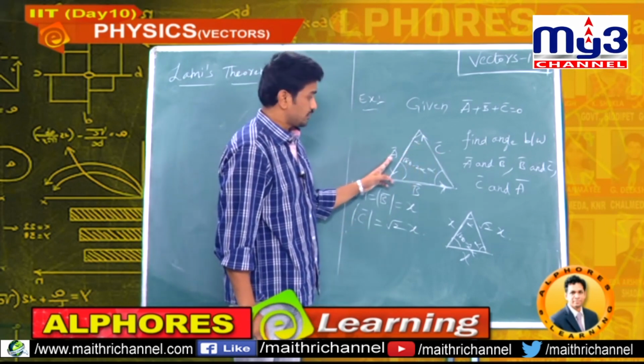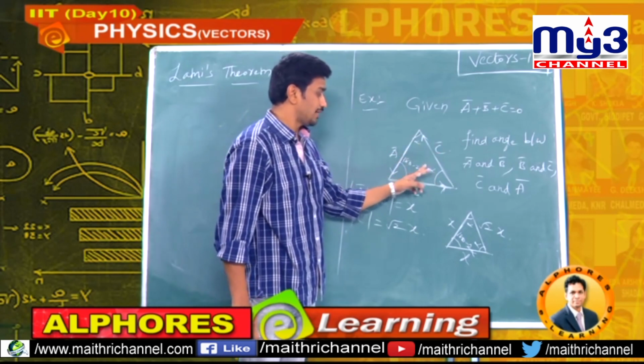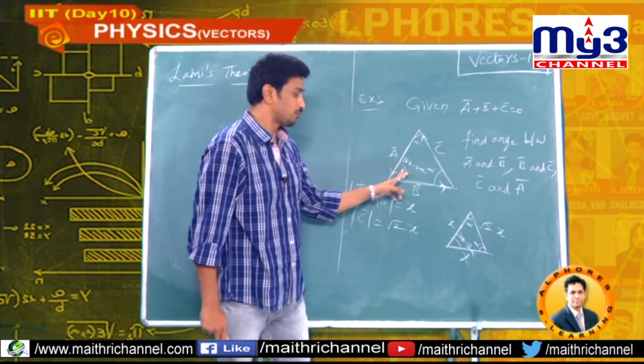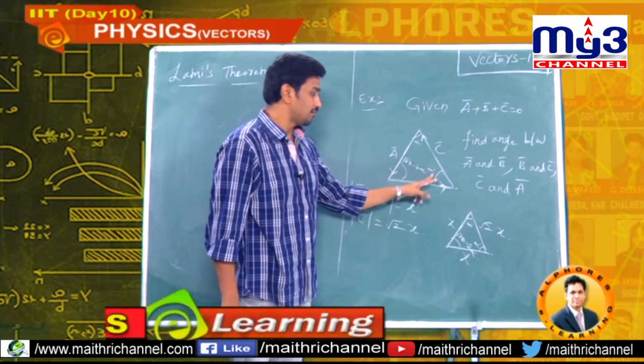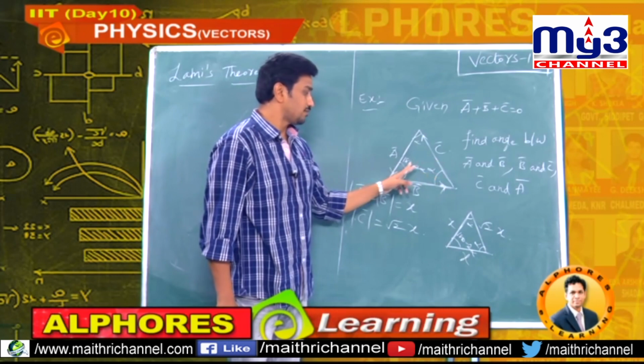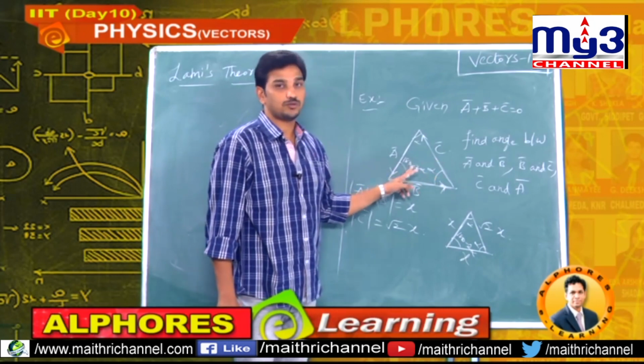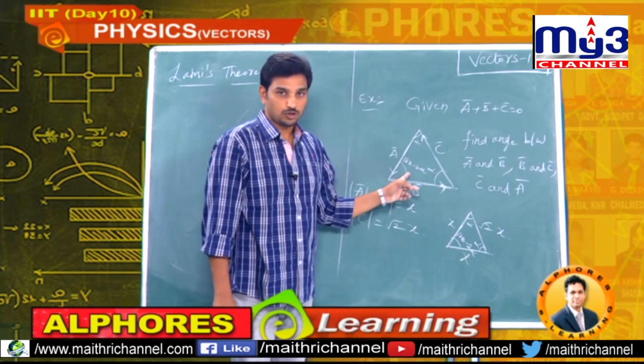It's a parallelogram of vectors. Force by sine of opposite angle, force by sine of opposite angle, force by sine of opposite angle. What is this? X. So x by sine alpha equals root 2x by sine of 180 minus 2 alpha, and you will get the alpha value. Understood my point?